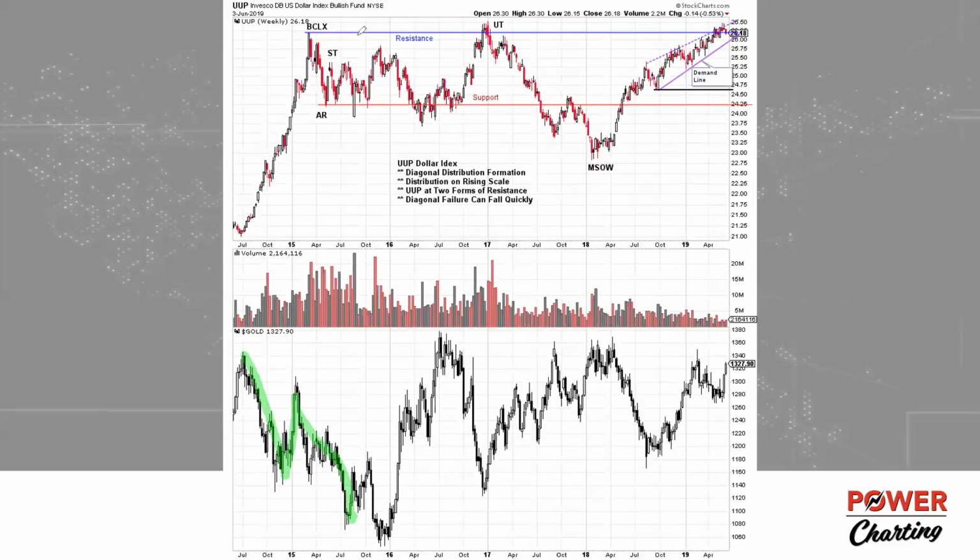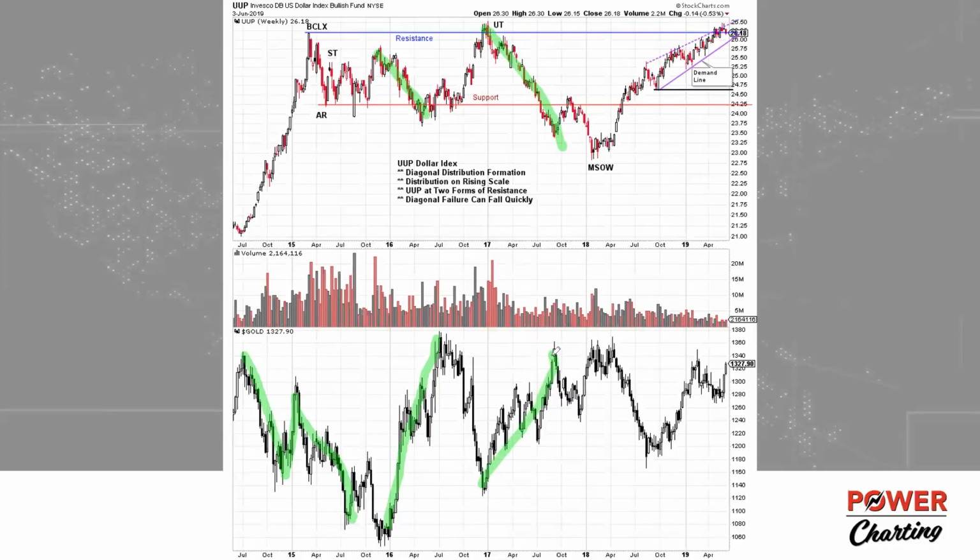Now, let's look here. You can see that this decline right here is correlated to a rally in gold. So decline in the dollar, rally in gold. Decline in the dollar here, rally in gold. So you can see here inverse correlation.